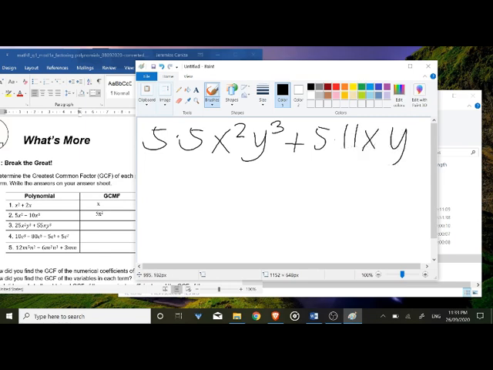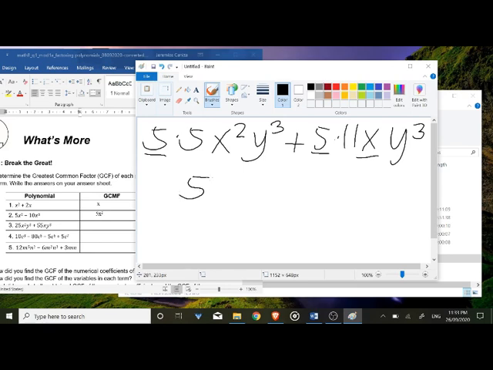x, y cubed. Alright. So, anong makikita niyong common factor sa ating numerical coefficient? May tig-isang 5. Okay? What about the variable? Isang x. Susulat na natin si 5 sa ating numerical.